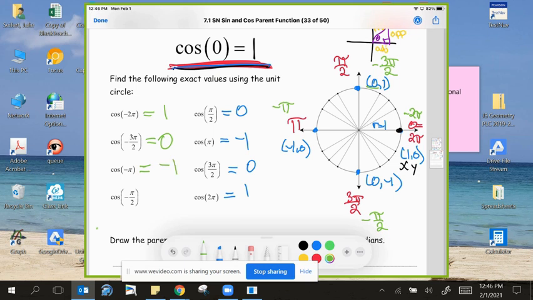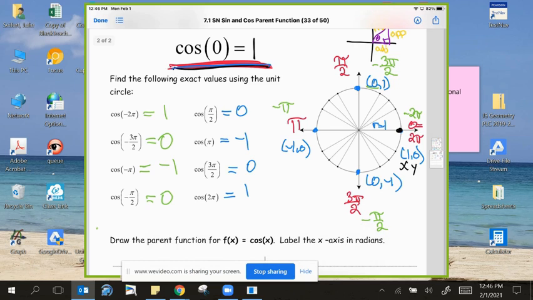It's -1. And cosine negative pi over 2 is on the bottom. That x value there is, and yes, that's 0. So there are the points for the cosine graph.